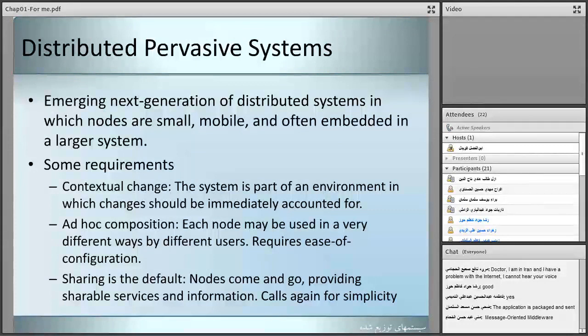Okay, we talked about distributed computing systems and also distributed information systems, and the last type of distributed systems is about distributed pervasive systems. Pervasive means فراگیر in Farsi, but we can say جامع in Arabic, probably, I don't know.